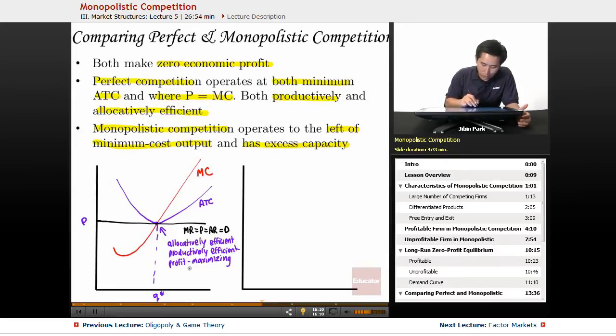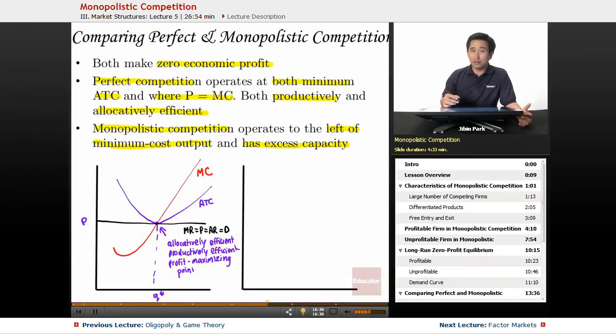Well, it's almost coincidence. They're not producing because it's allocatively or productively efficient. They're really producing because it's also the profit maximizing point. That's where the marginal cost equals marginal revenue. Now it just happens that that's what's also best for society. But again, individuals, firms, they're going to do what's in their best interest. And that's just basically how the world works.